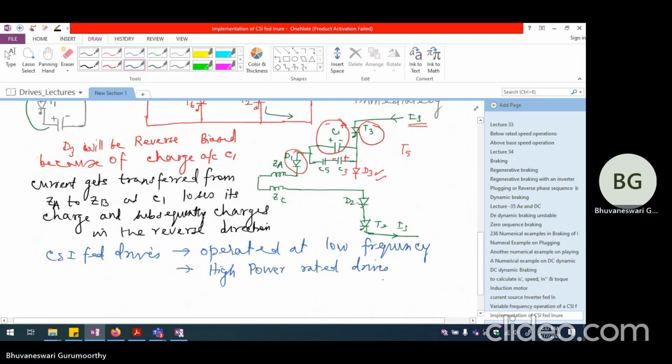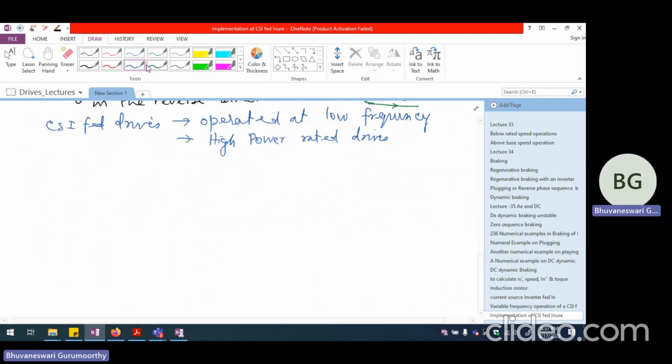So when we talk about high power rated drives, if we are looking at voltage source inverter fed drive versus current source inverter fed drive, first of all we have the three-phase supply, which is a 50 hertz supply. From here, we have a thyristor converter, which converts this AC into DC.